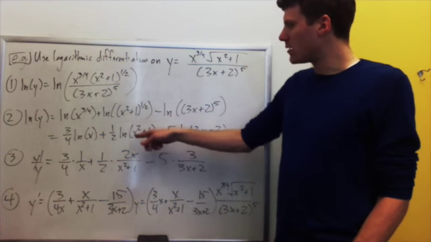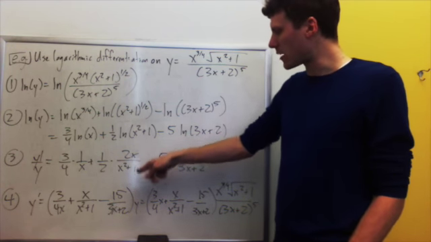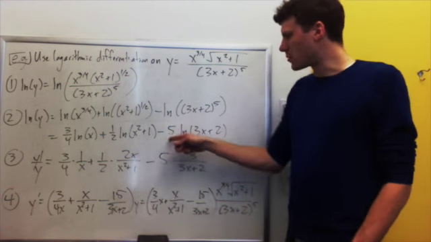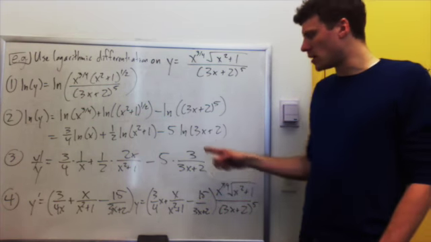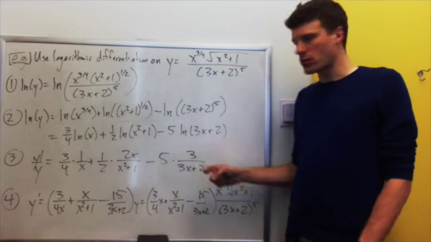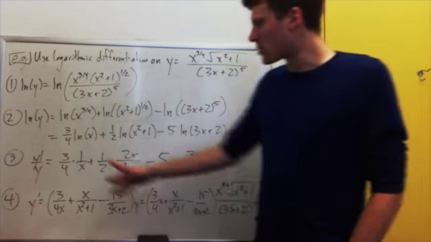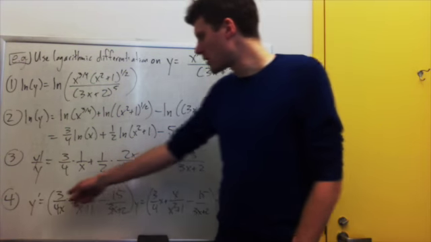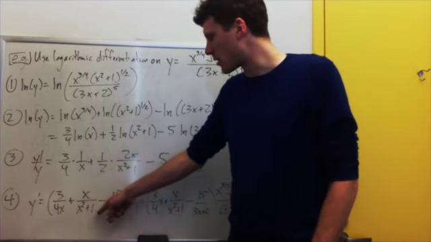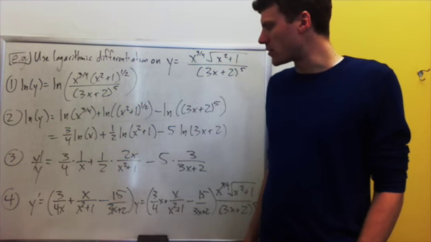So I take the derivative of x squared plus 1, which is 2x, and I divide that by x squared plus 1. Then I subtract 5 times the derivative of log of 3x plus 2. So I get the derivative of 3x plus 2, which is 3, over 3x plus 2. And then I'm going to simplify them, get 3 over 4x plus x over x squared plus 1, because these 2's cancel, minus 15 over 3x plus 2.